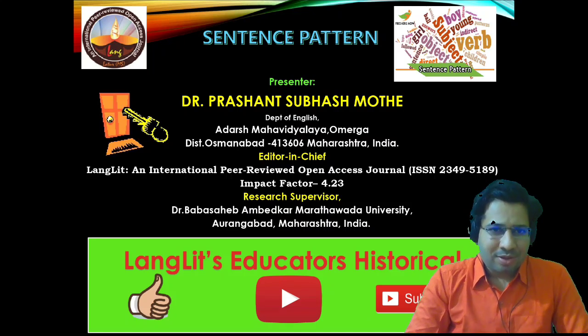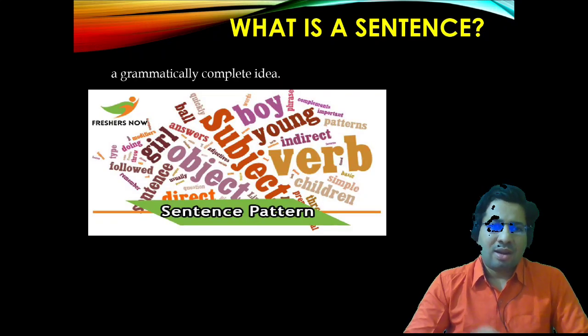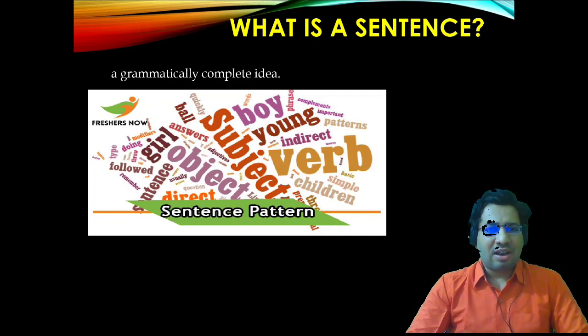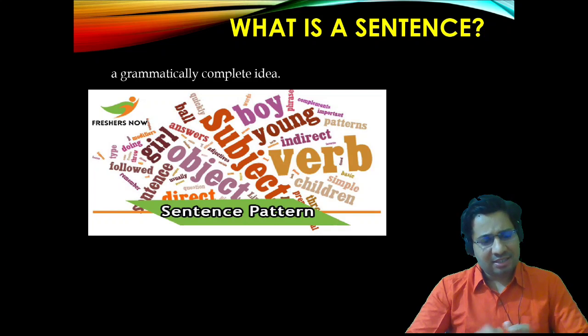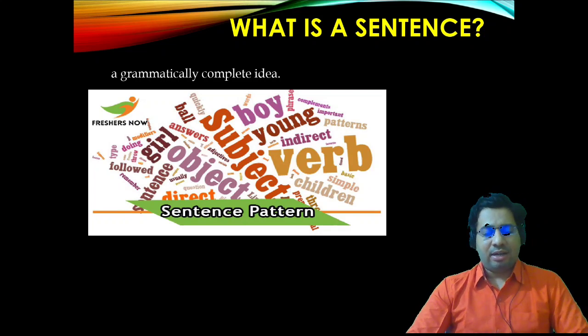Friends, today in this video we are talking about sentence patterns. Let us first understand what a sentence is. Sentences are just the source of expressing our emotions. Now, what exactly is a sentence? A sentence is a grammatically complete idea.